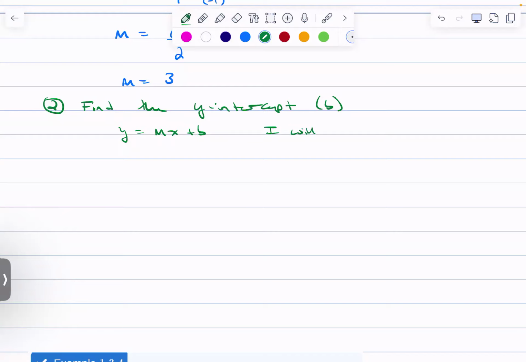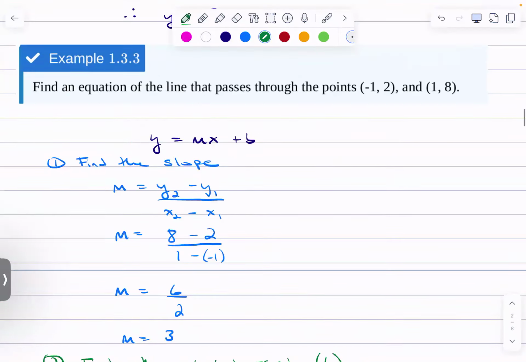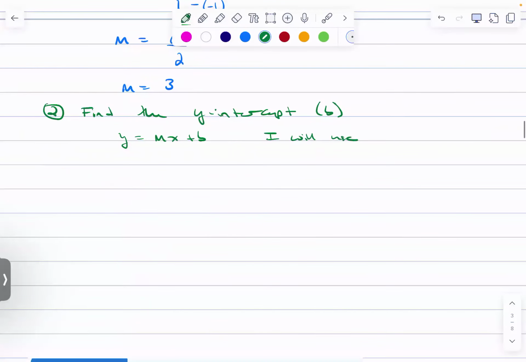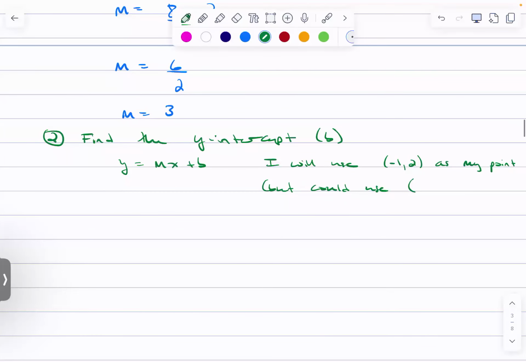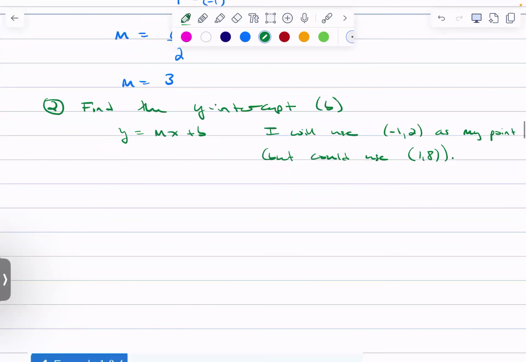I will use -1, 2 as my point, but could use, what was it? 1, 8 as well. So now we have m is 3.